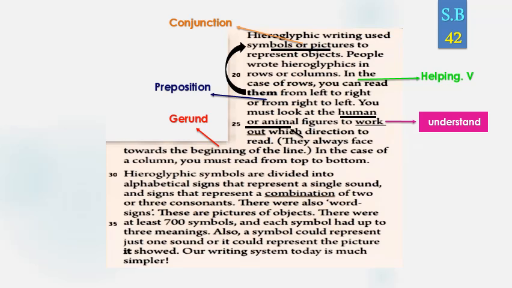There were at least 700 symbols, and each symbol had up to 3 meanings.